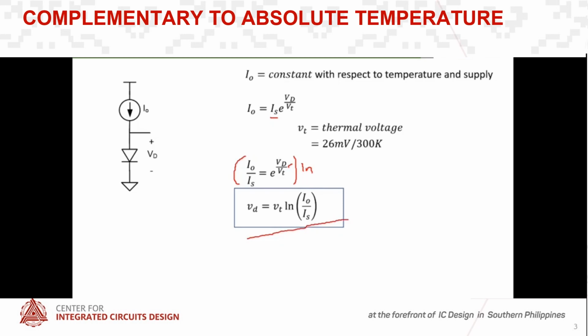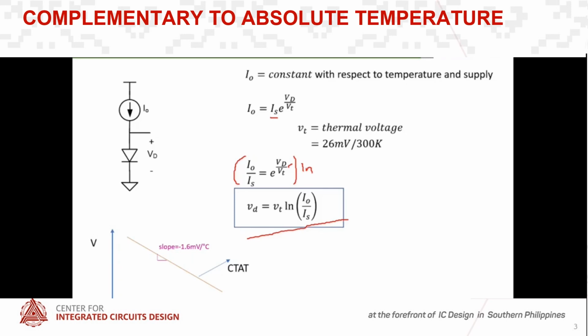Since this is ln IO over IS, we can graph it this way. The voltage across the diode is CTAT in nature. And the question is, what is the slope of this voltage, or how quickly is it changing with respect to temperature?